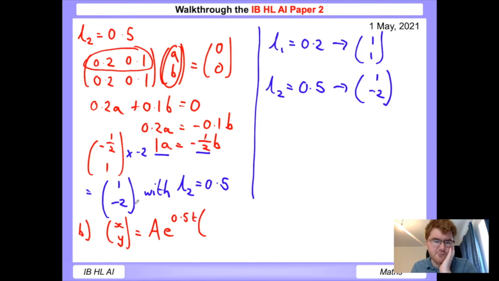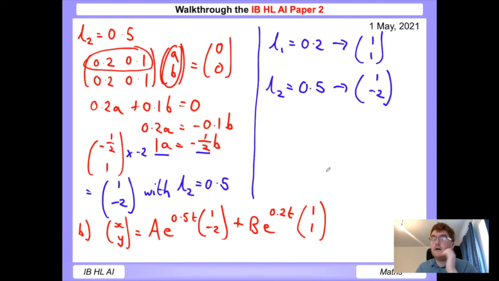You need to make sure you've got the right eigenvector with your right eigenvalue, plus B, e to the power of... and now we're going to take the 0.2. So you can do it either way around, that's absolutely fine. And then we get our general solution. So for this point, we just actually write this straight away from the formula sheet and put all the right information in the right place.